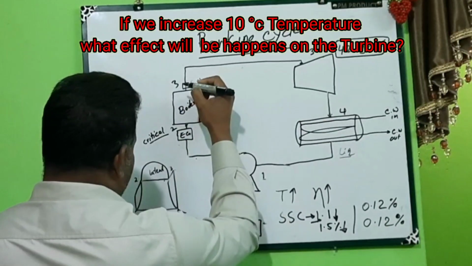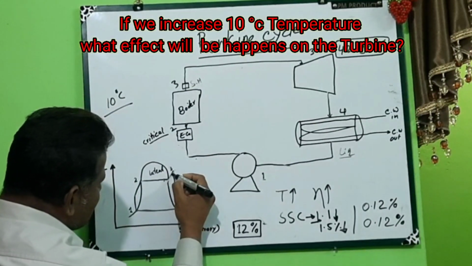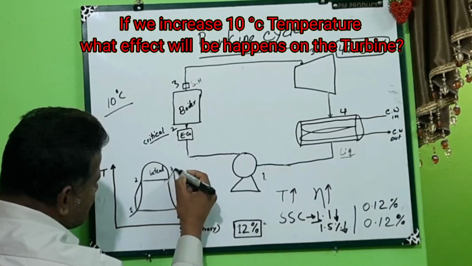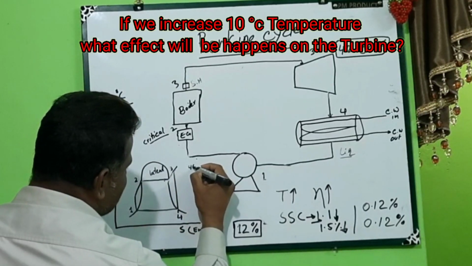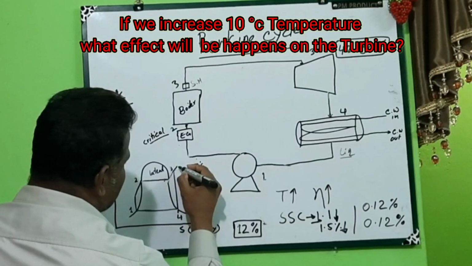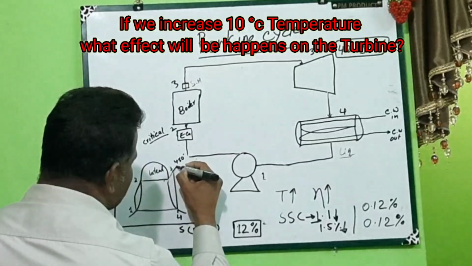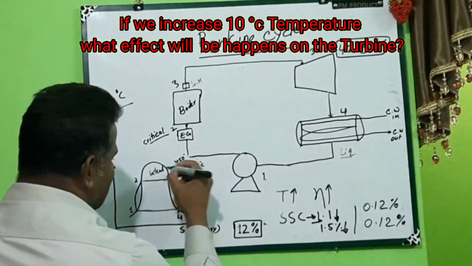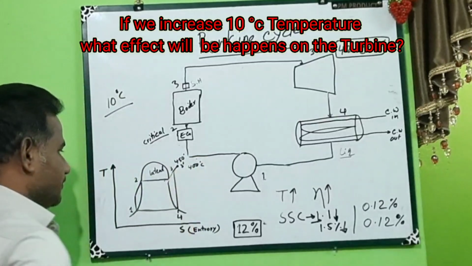If we add more heat in the superheater, the flow will go to this state point. You think before it was 400 degrees centigrade, and now it is increasing up to 450 degrees centigrade. So this point's temperature increases. You can note this as 3 dot.